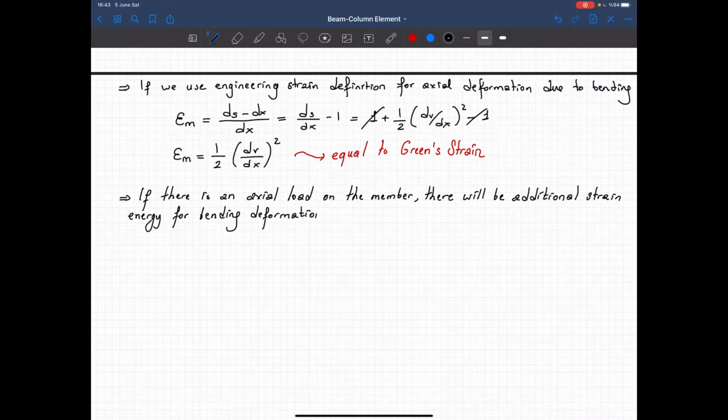Here I'm not calculating the total strain energy due to the axial load. I'm just writing the additional strain energy for bending deformation.